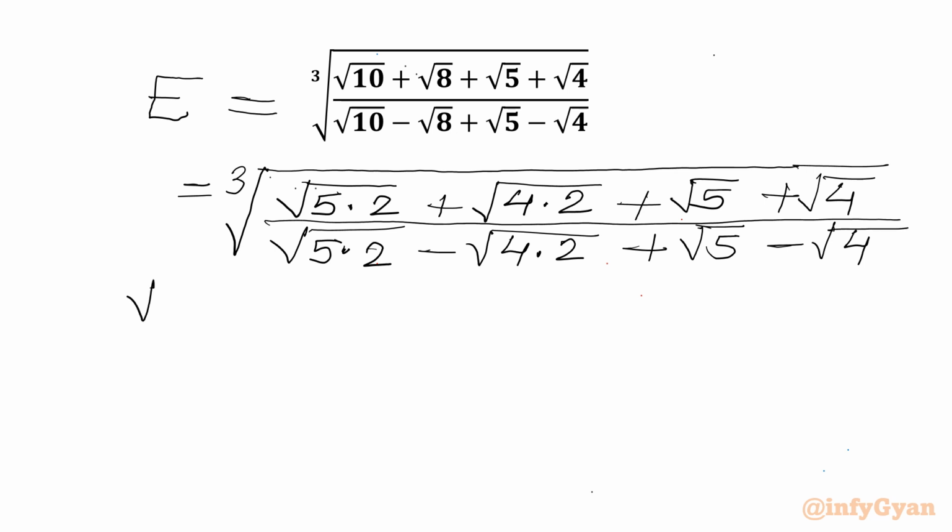Now we know that square root of m times n will be equal to square root m times square root n.